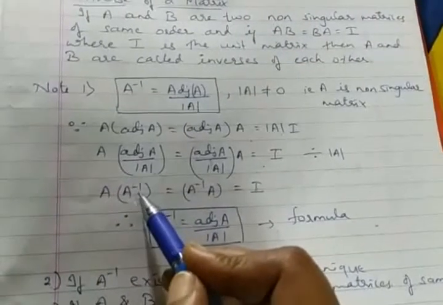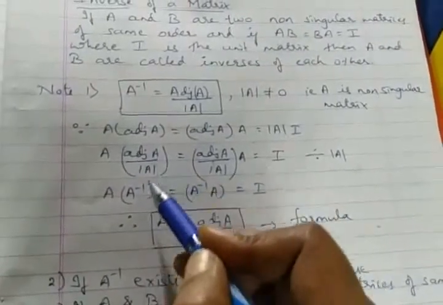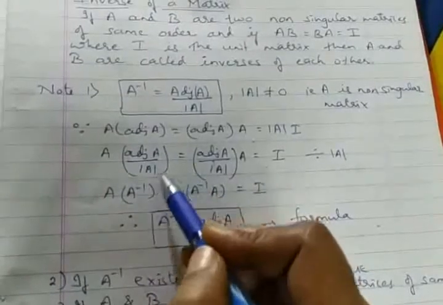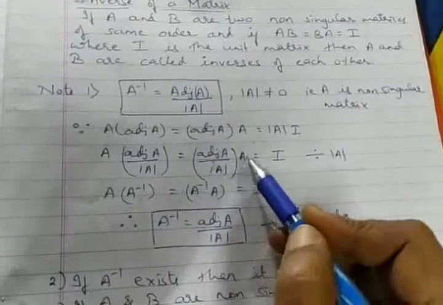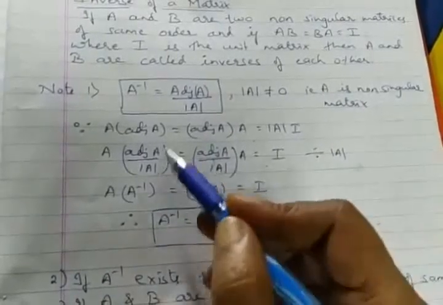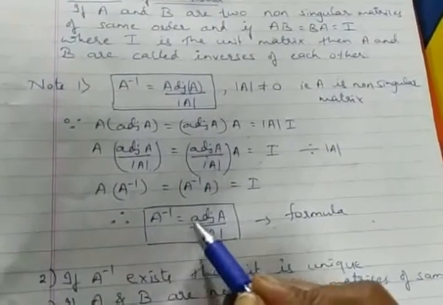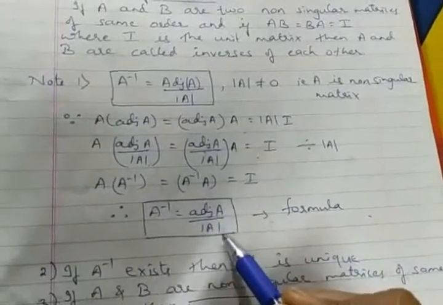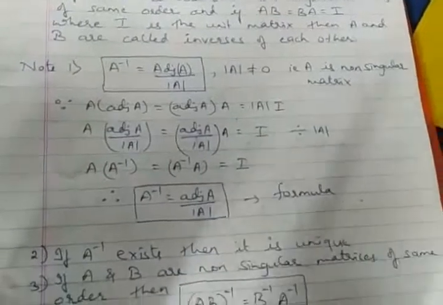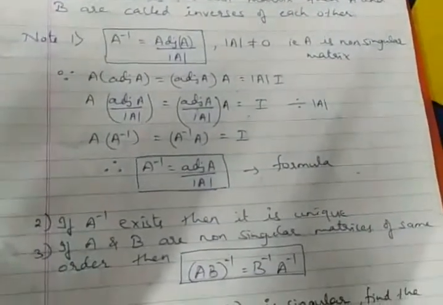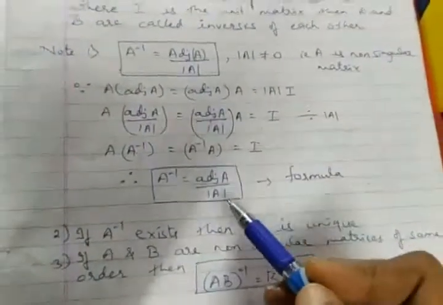Accordingly, when I compare this result with this result, I find A inverse is actually adjoint of A upon determinant value of A. A very important formula. Correct? Based on this formula, you are going to solve 5 marks questions also. So remember this formula.